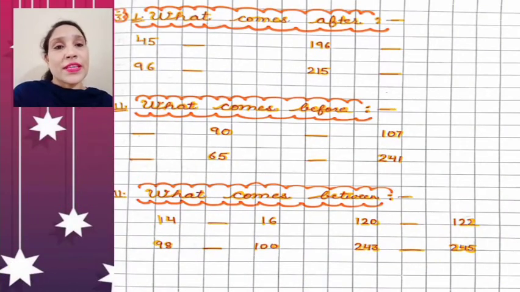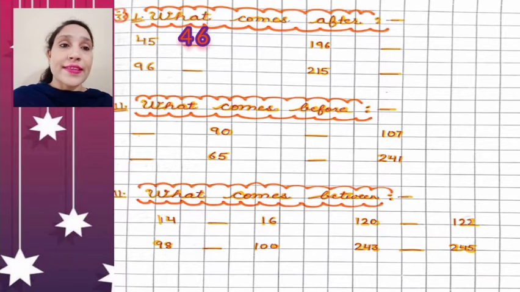Yes, question number 3 is what comes after. You have to write here the after numbers of given numbers. We have learnt numbers from 1 to 250. First number is given 45. You have to write here the after number of 45, that is 46. Next number 196.